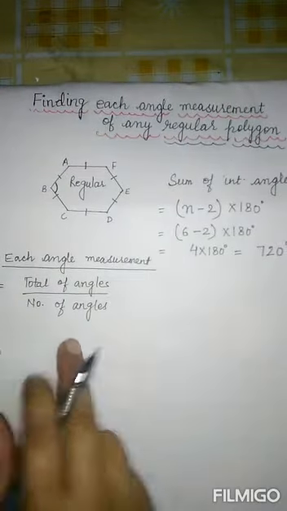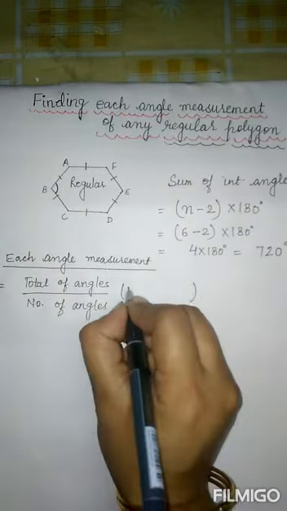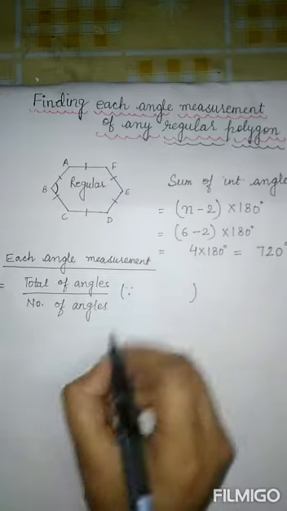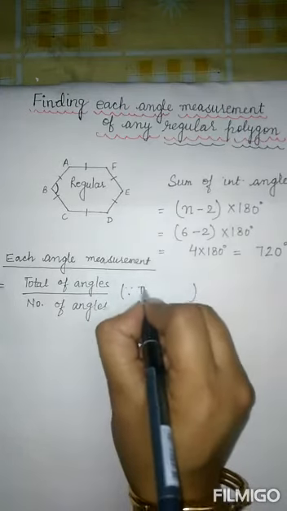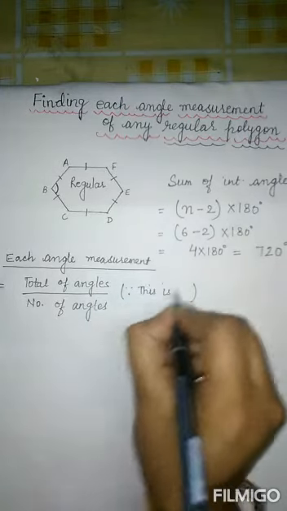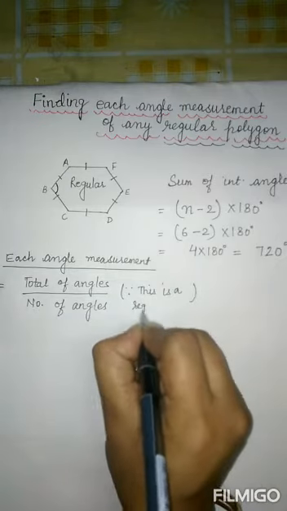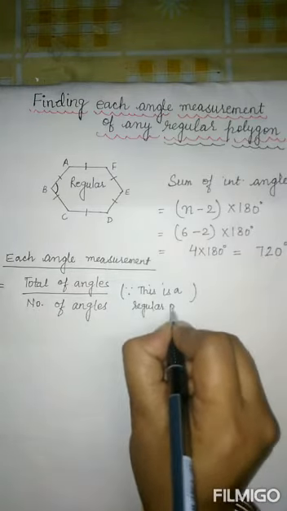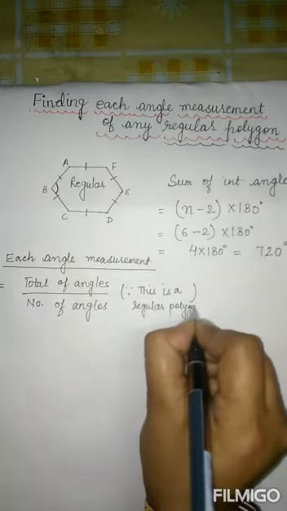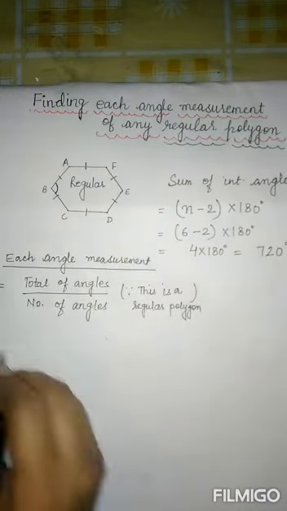This will happen only because this is a regular polygon. This is the main condition why we are applying this rule.